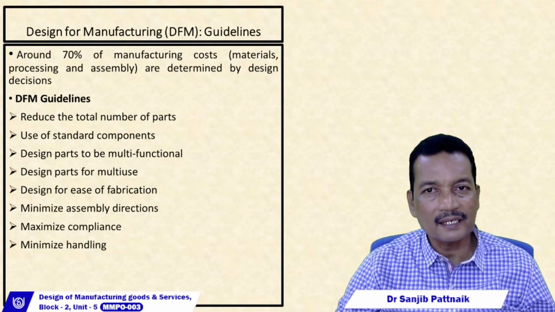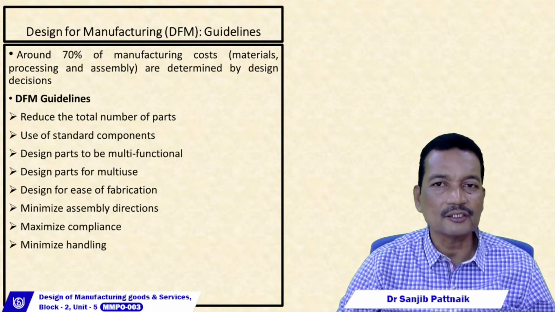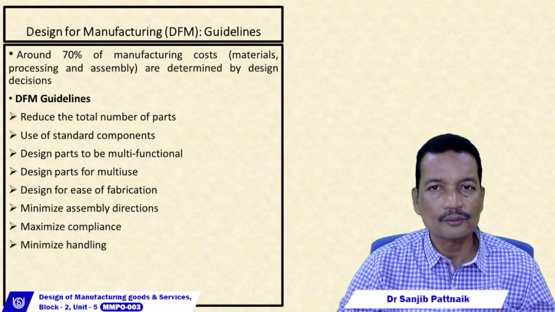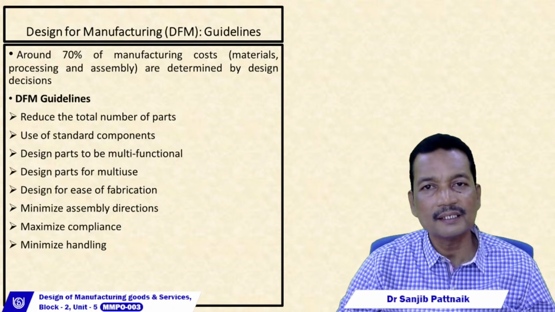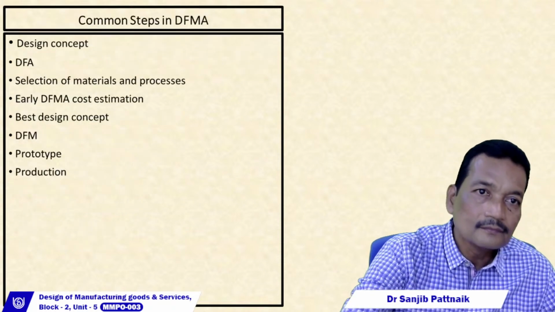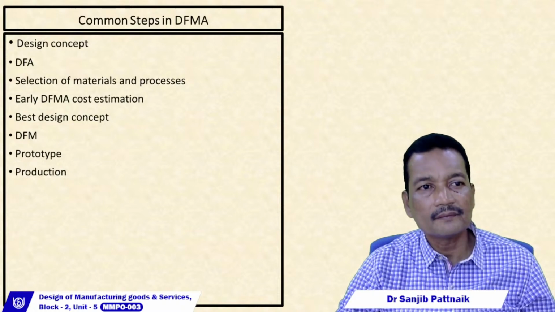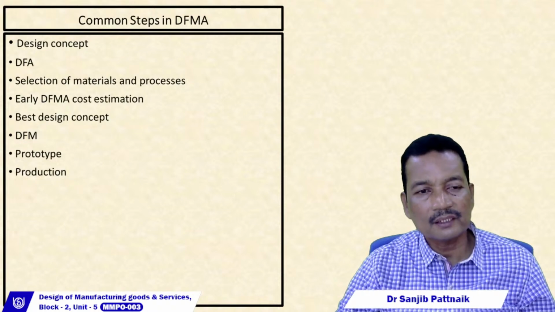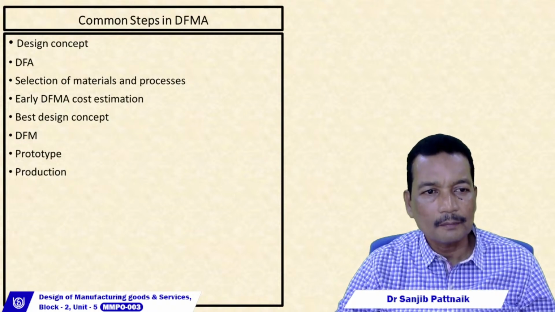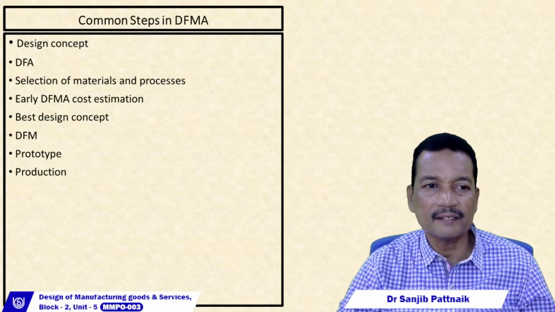When you have standardized parts, the assembly directions or the assembly instructions also get reduced and compliance and handling also becomes easier. So while going for DFMA, we think about design, then we think about the best design concept, then we go for DFM.